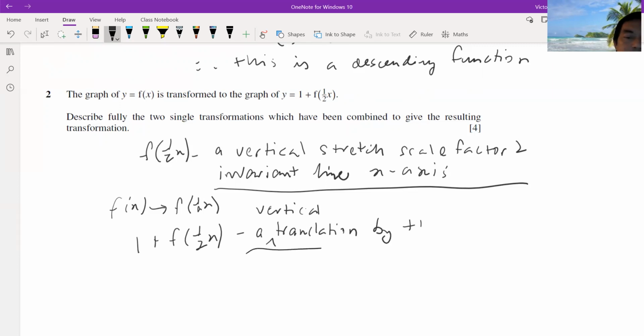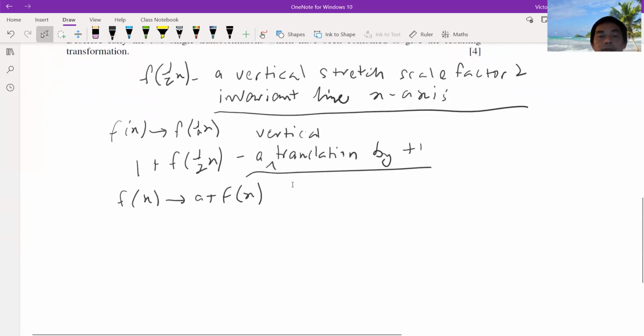Okay, this is your second transformation, f(x) to a plus f(x) is a translation. Okay, that's it. Let's go to the next question. The next question is a question on integration. Okay, let's go.